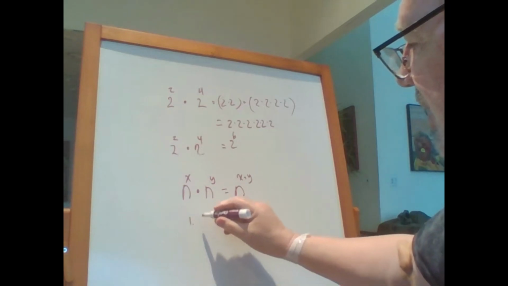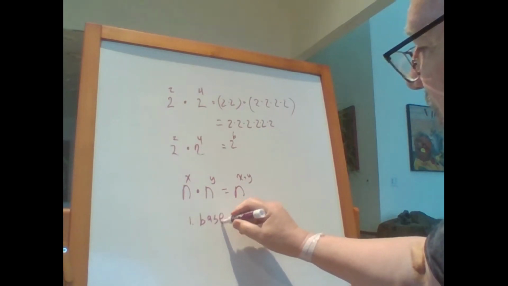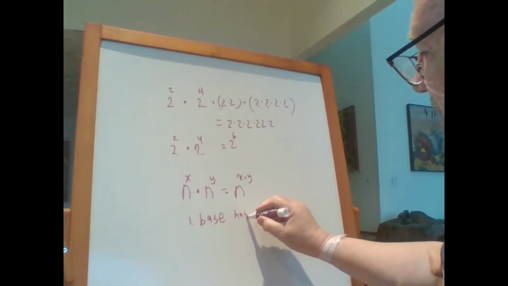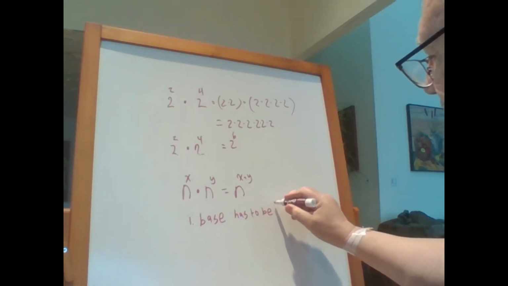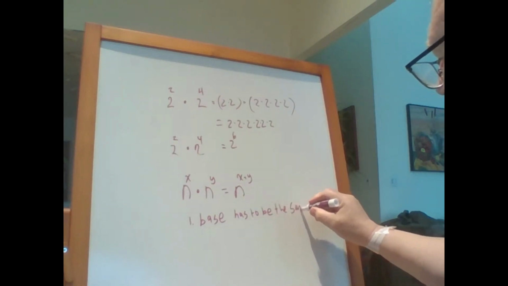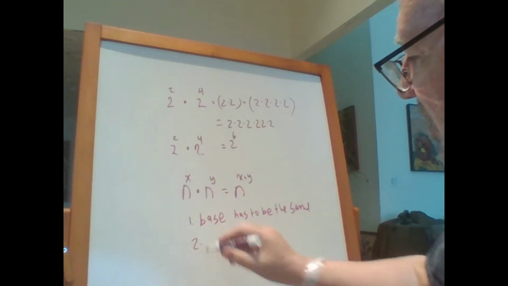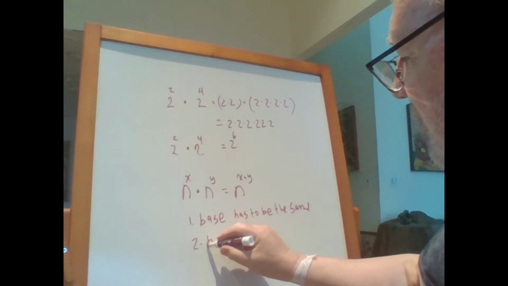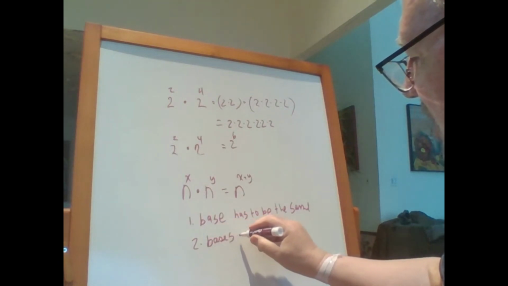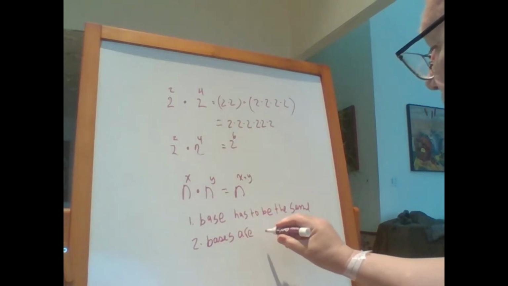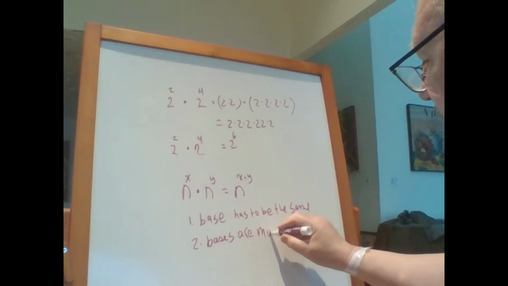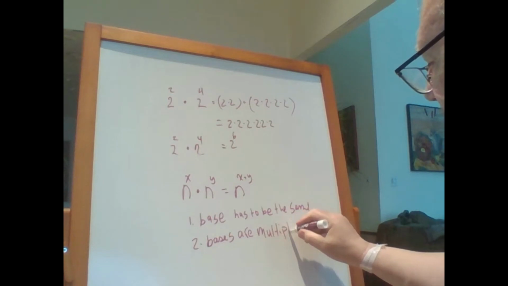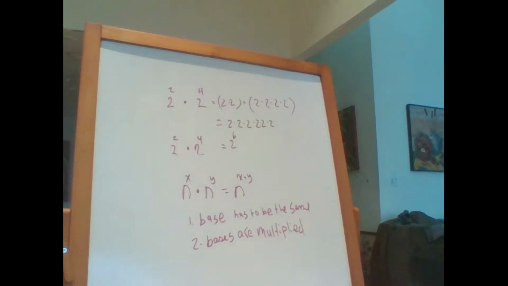So one, the base has to be the same. And two, the terms are multiplied, not added. Okay, so those are the two conditions where this is true.